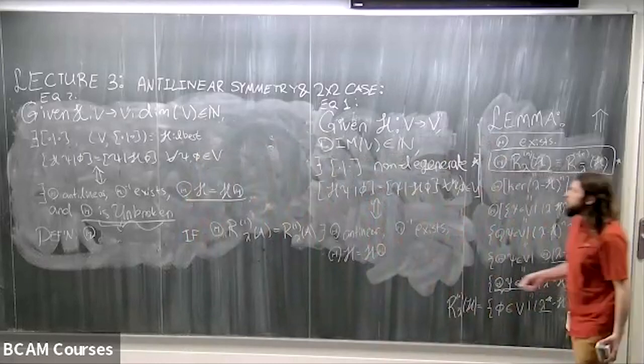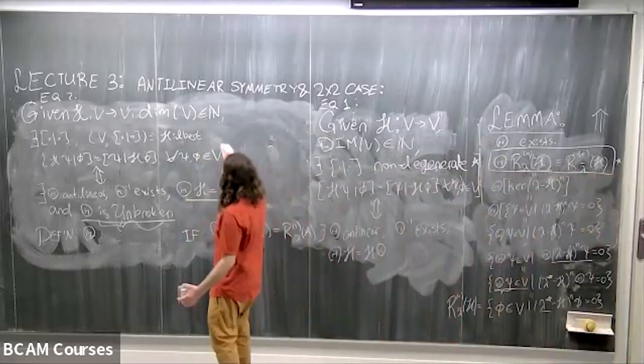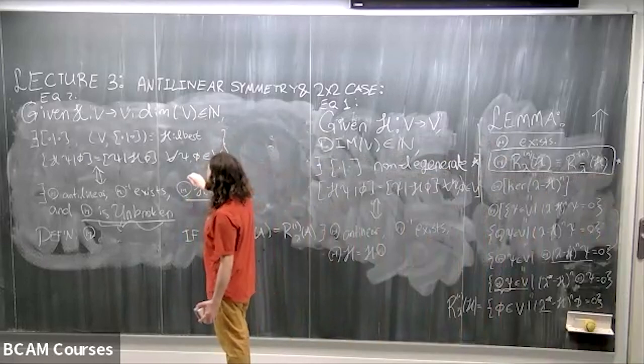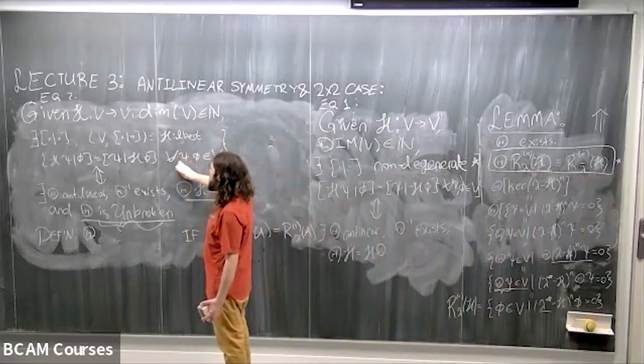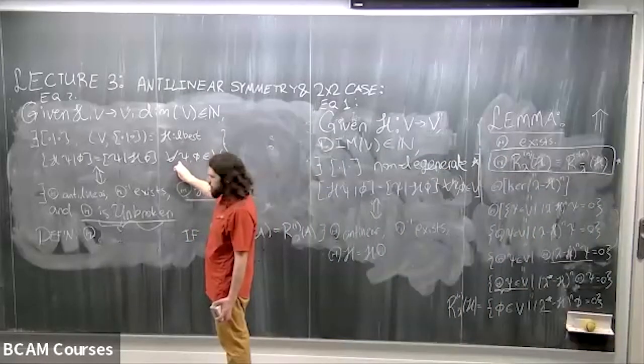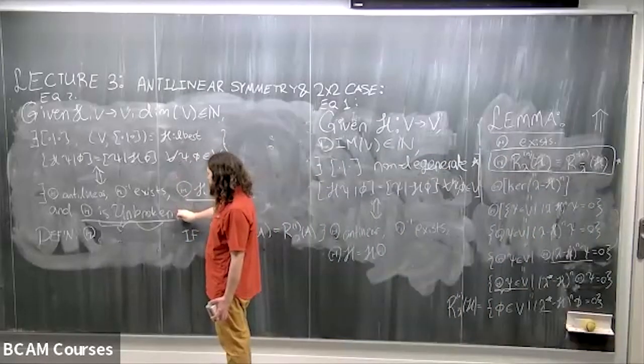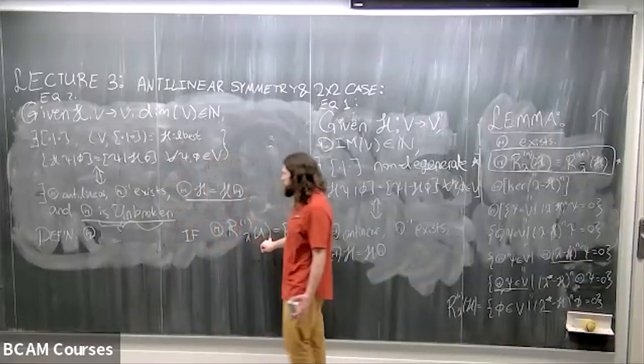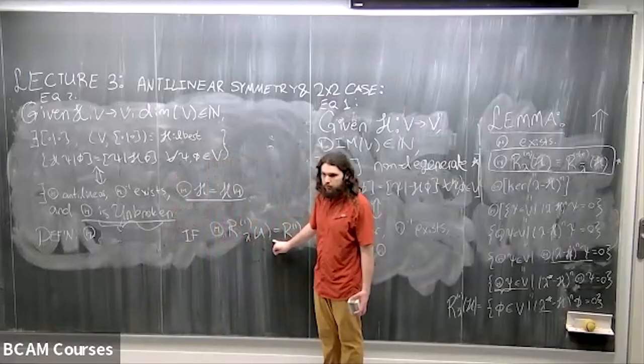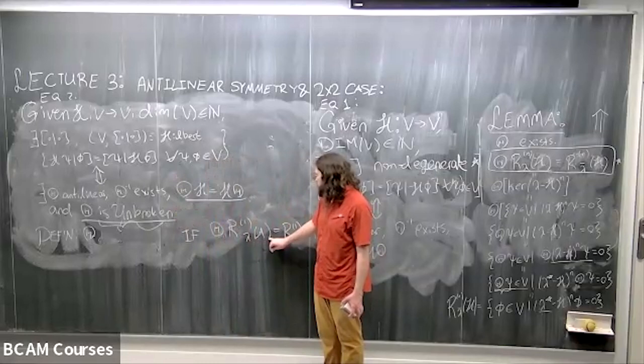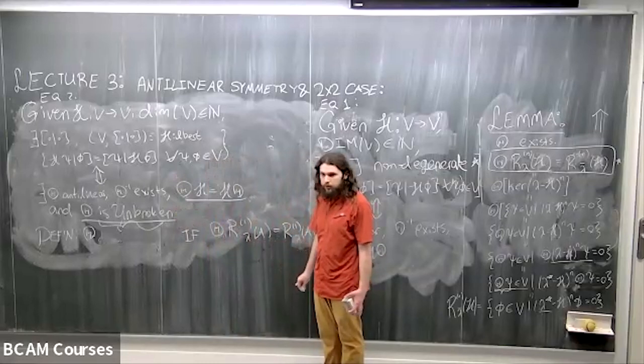Oh, and I think one last thing I have to assume is that, in this case, we know this implies that the matrix is diagonalizable. The way I've defined unbroken antilinear symmetry does not immediately imply that the matrix is diagonalizable, because this root subspace might not be the entire root subspace.